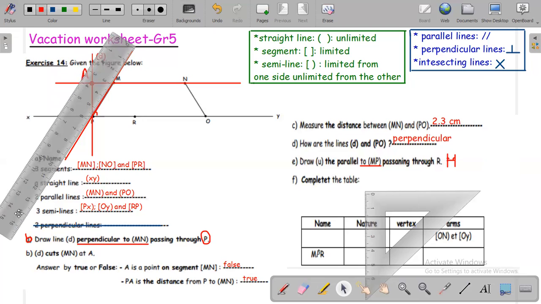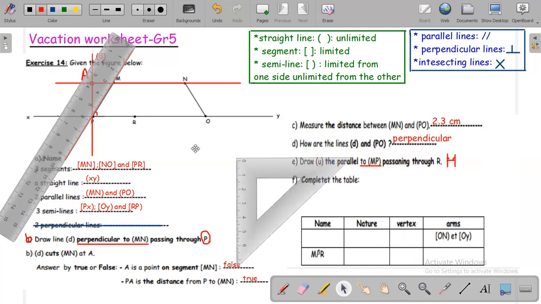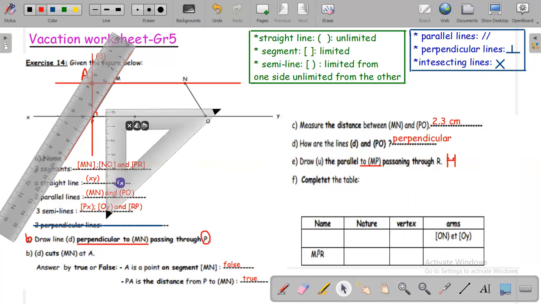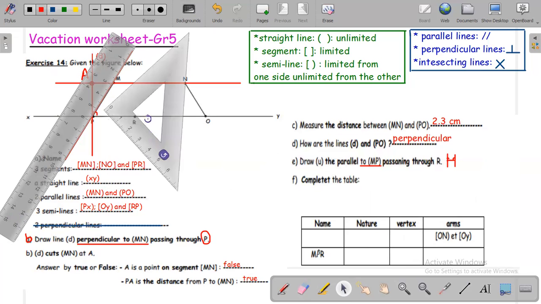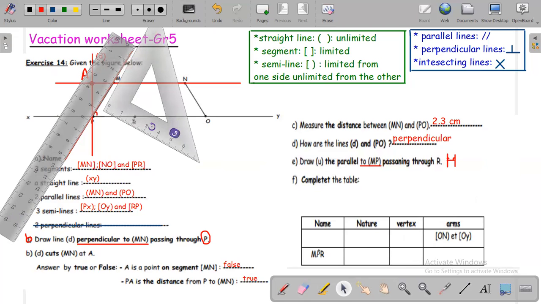So opposite of R. And now we take the set square and we put the set square on the ruler, and we move it to the point R. Then we draw this perpendicular.